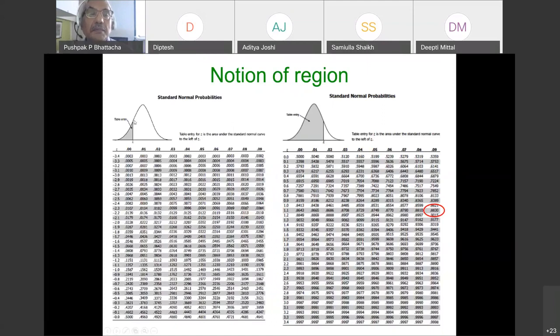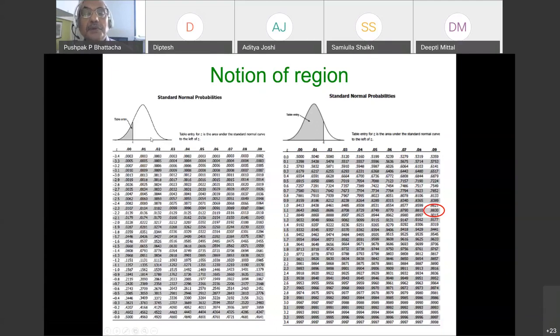We can mark out the areas under the standard normal curve and see if two variables v1 and v2 fall within that region, in which case we can accept the hypothesis that v1 and v2 are close to each other. The region outside that interval gives me the probability of error.